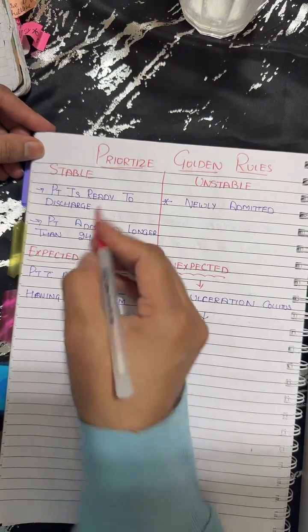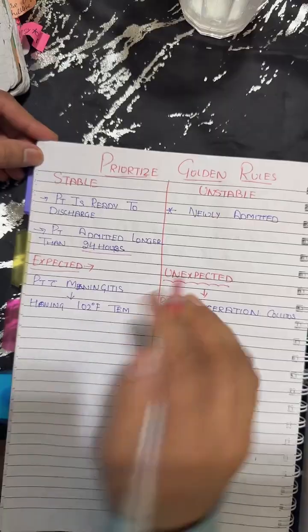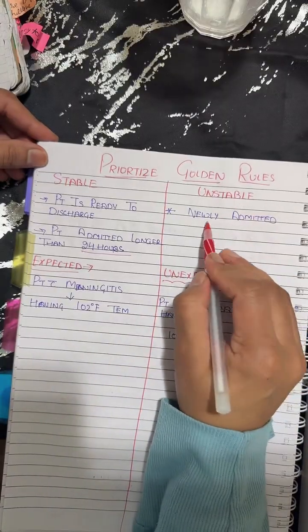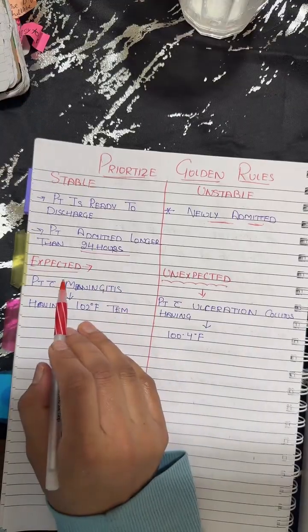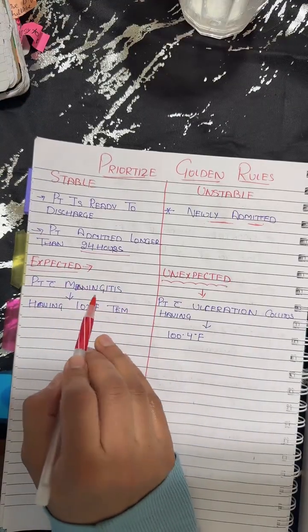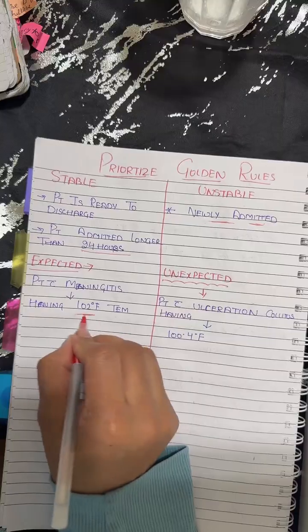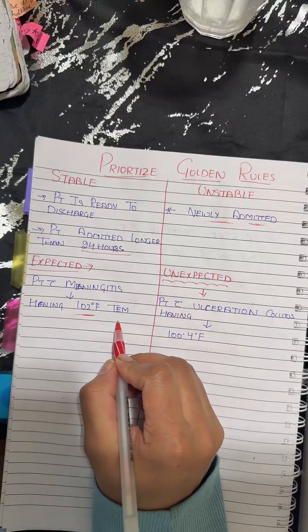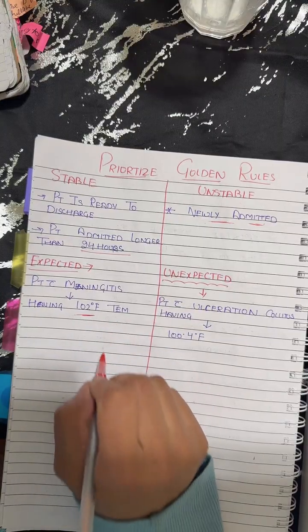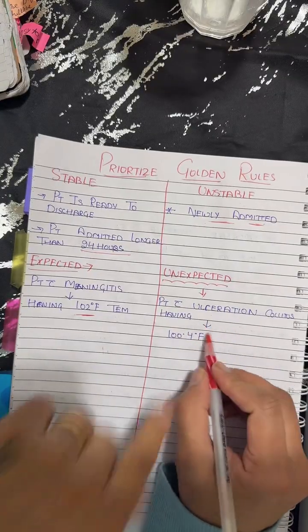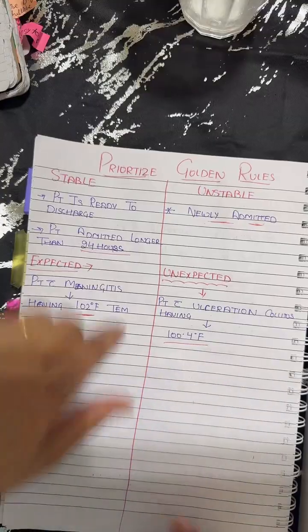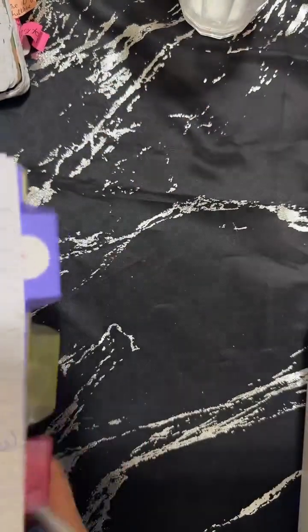A patient admitted longer than 24 hours is stable. A newly admitted patient is unstable. So what are the expected? A patient with meningitis having 102 degree Fahrenheit temperature is stable. And a patient with ulcerative colitis having 104 degree Fahrenheit is unstable.